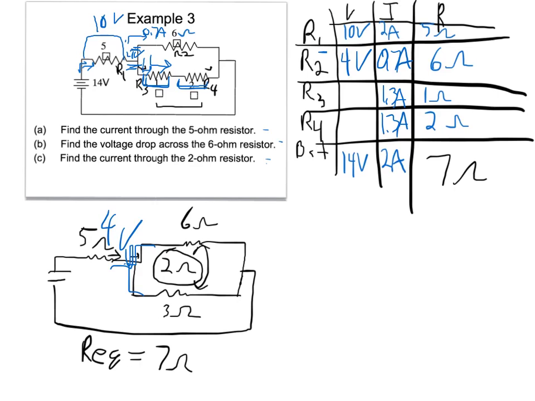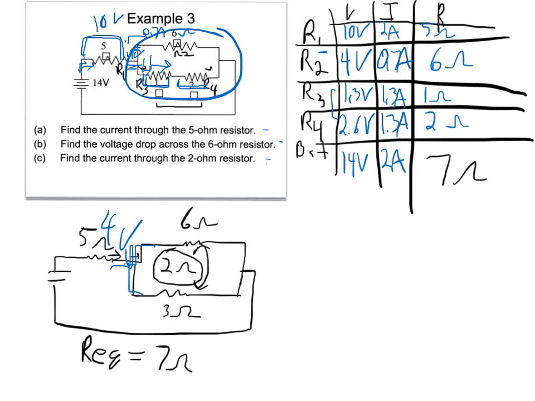And now I can easily figure out their voltage. 1 ohm times 1.3 is 1.3 volts. 2 ohms times 1.3 is 2.6 volts. And together, those two should add up to about 4. I've done some rounding, so it's not perfect. But those two would add up to 4 because, remember, this part of the circuit we said is basically connected to a 4 volt battery since 10 volts dropped across the 5 ohm resistor.